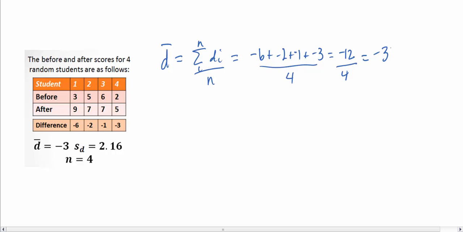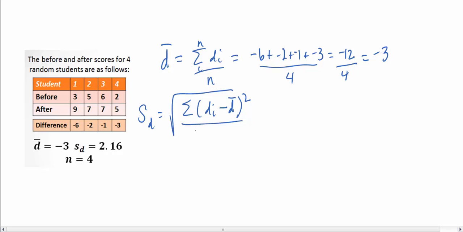To calculate our sample standard deviation of the differences, the formula for SD is simply equal to the square root of the summation of d_i, so each observation, minus the mean, squared, all divided by the sample size minus 1.